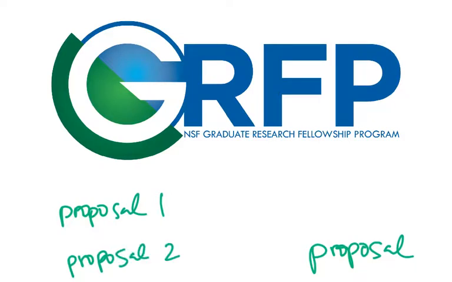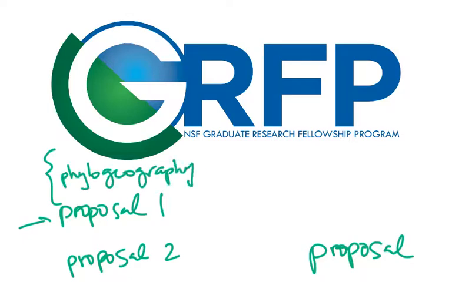to help you make sure you understand how to write them and how to think about them. For this first proposal, what I'm going to ask you to do is pick one of the topics we've talked about in lecture so far. Phylogeography is one of those. If after completing this module, you think that phylogeography is really interesting and you want to focus on that topic for your first proposal, the assignment you're doing at the end of this module to find a paper is going to help you as a starting point for that proposal.